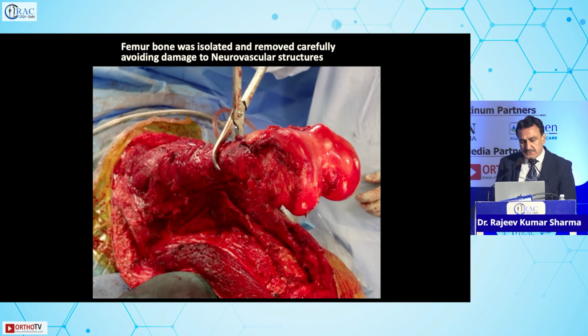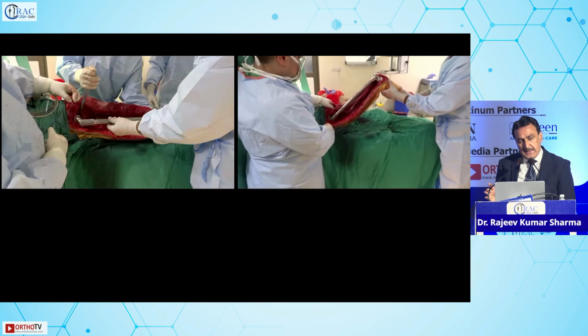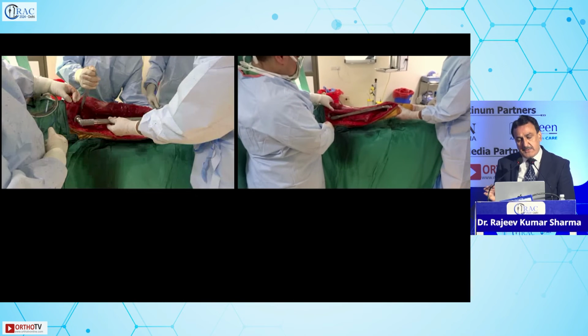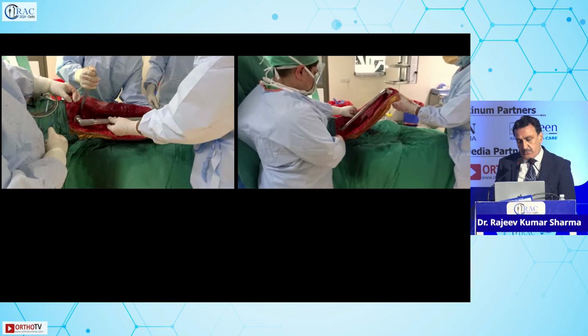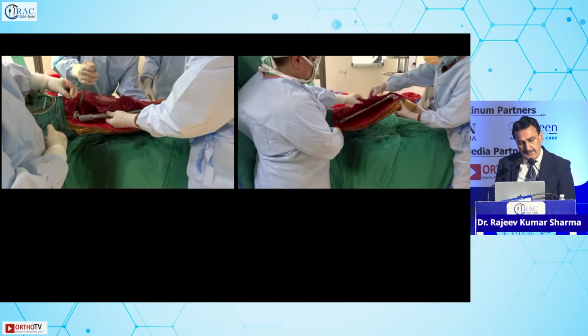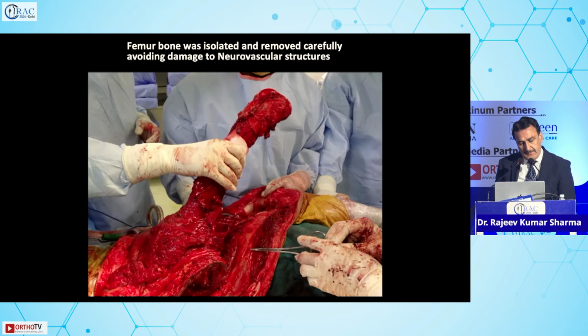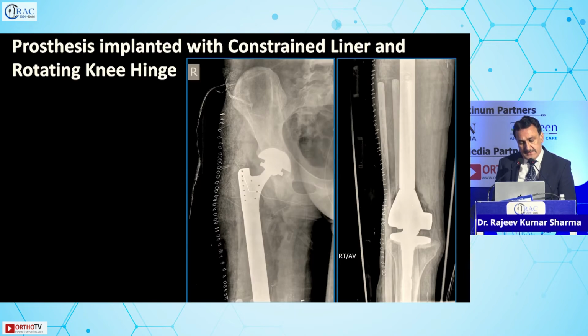The femur bone was isolated and removed carefully, avoiding damage to the neurovascular structures, taken out, measured, and then the femoral replacement was done. Proximally, we use the constrained liner. And we see that the whole neurovascular structures were safe. The prosthesis was implanted with the constrained liner and the rotating knee hinge.